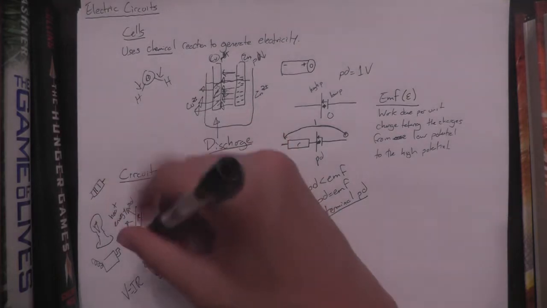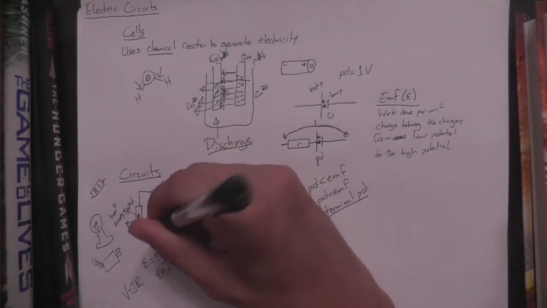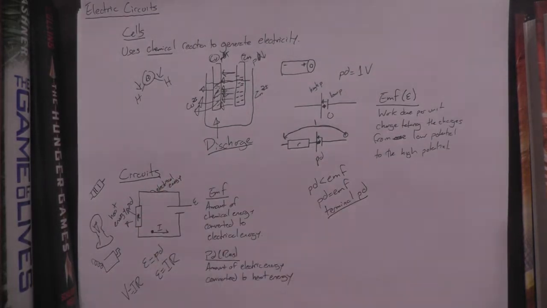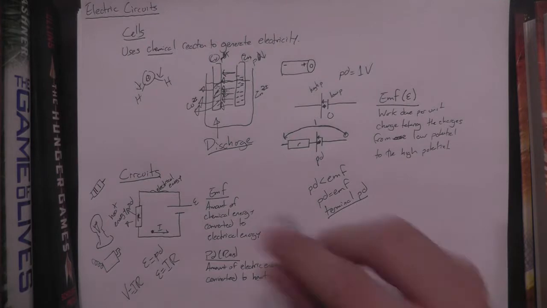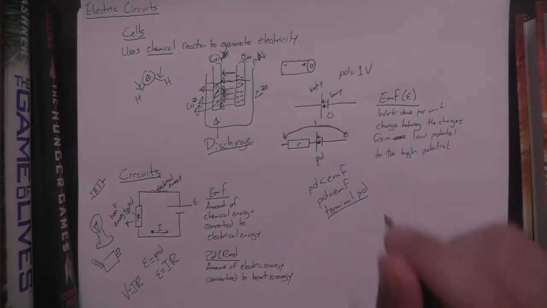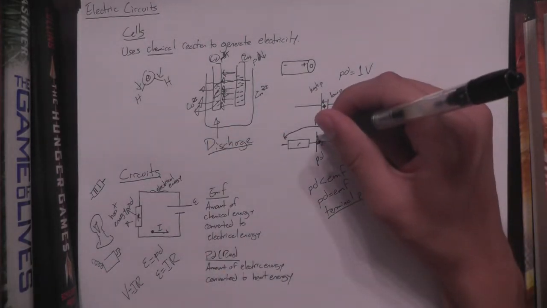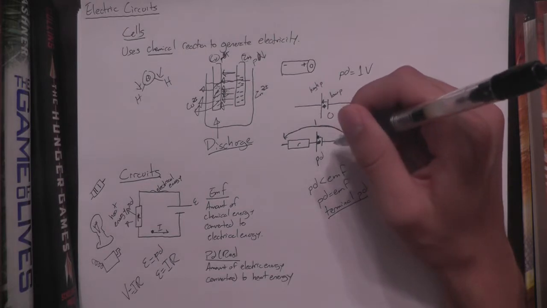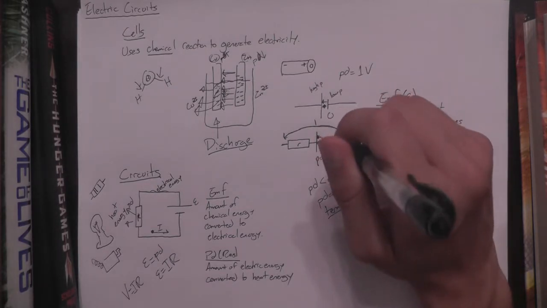And the current, of course, is going to be the current that travels through the circuit, which won't be traveling that way. It'll be traveling this way. Because in a current, I forgot to mention that, instead of traveling from low to high directly, it's going to travel from high to low.